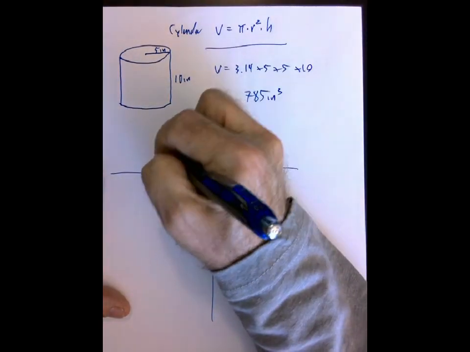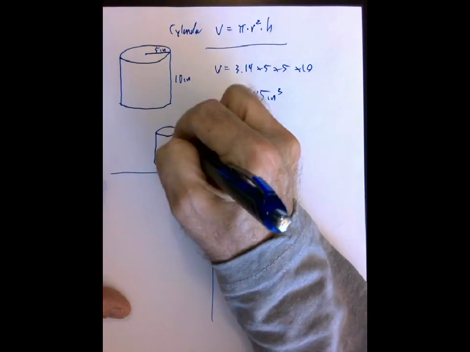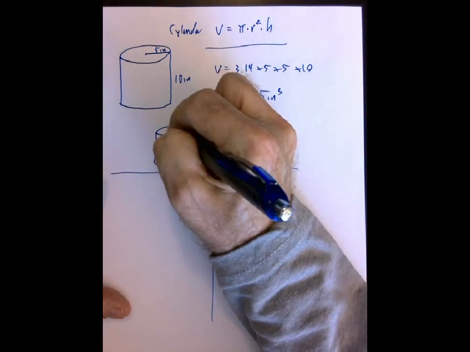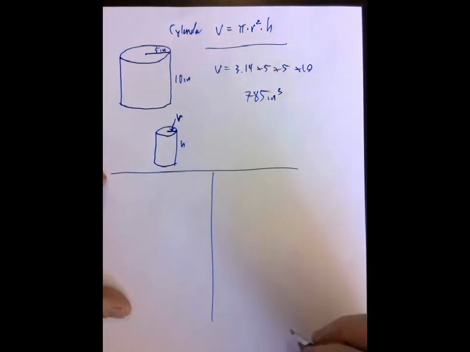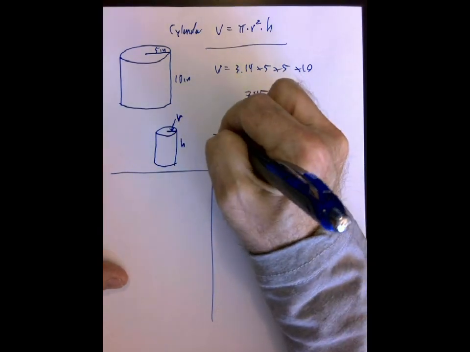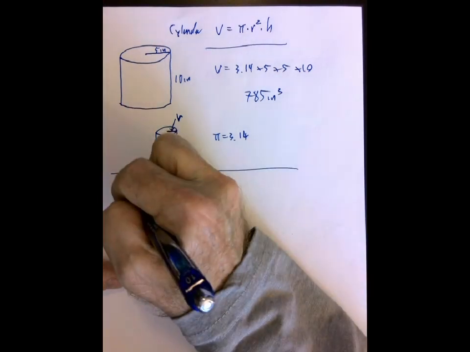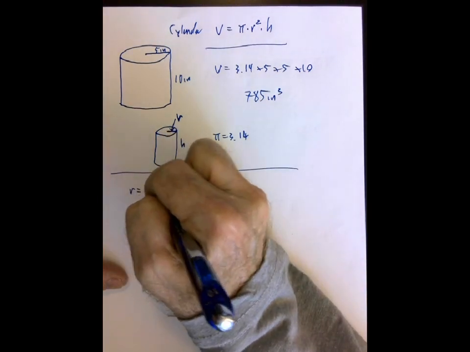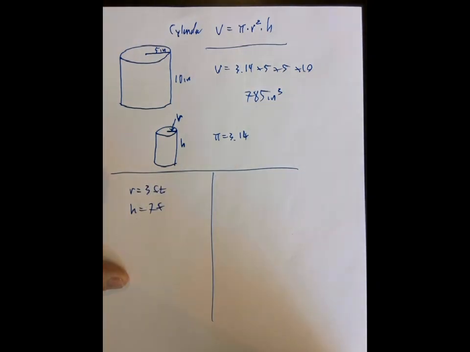And let's say we've got, I'll draw you another pretty picture here. Here's our cylinder, right? And it's got the radius and the height. Pi is still always going to be, for us, 3.14. Let's say the radius is equal to 3 feet, and the height is equal to 7 feet. So try that one out. Calculate what the volume would be.